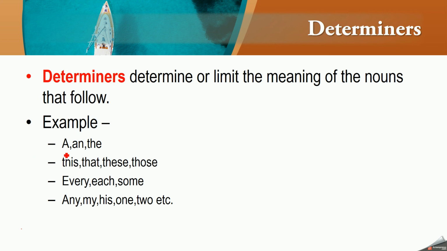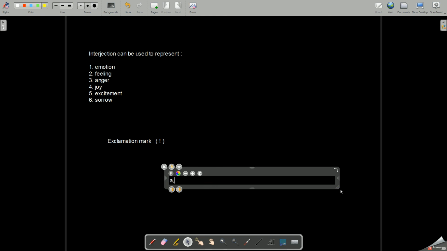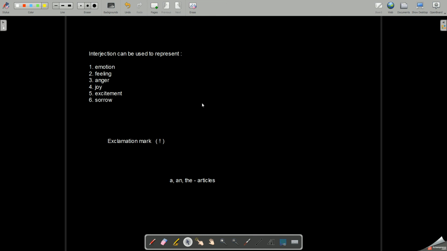So a, an and the, they basically come under the category of articles. Later on we'll have a detailed discussion on articles, what they are used to do.